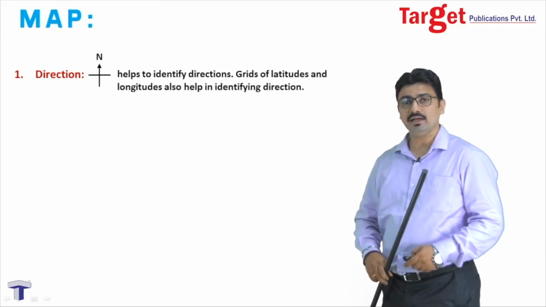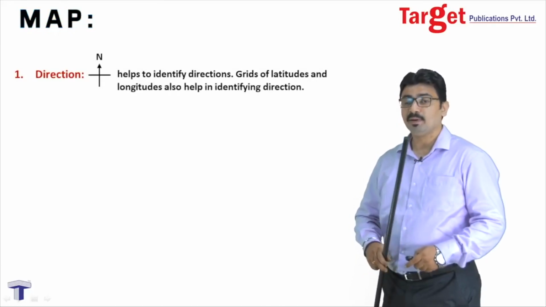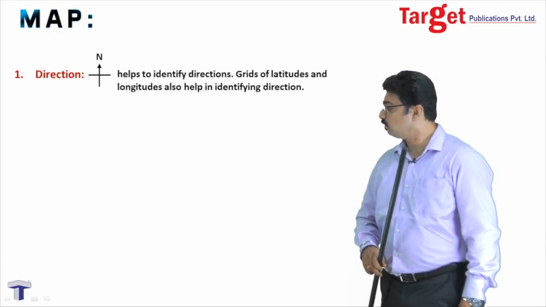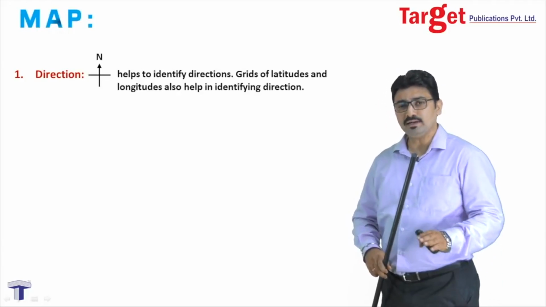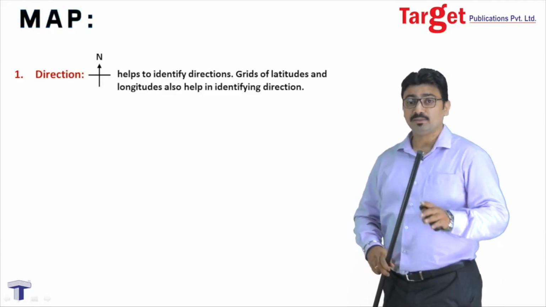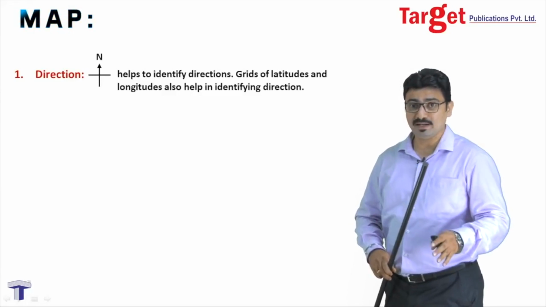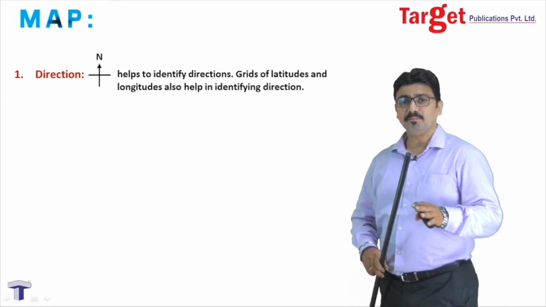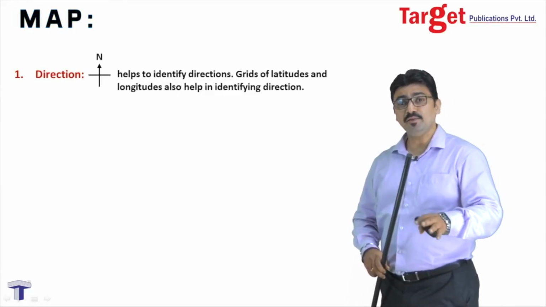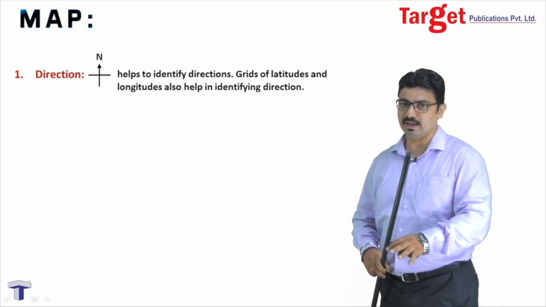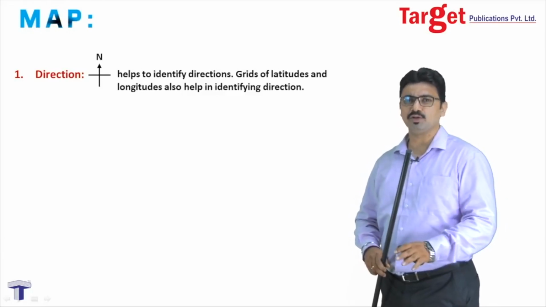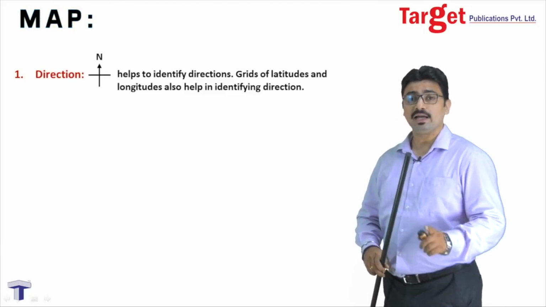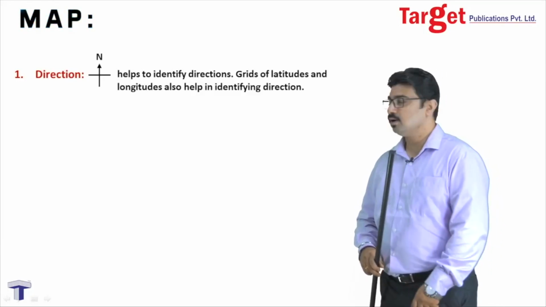Let us see each feature in detail. But before going ahead, let me tell you that there are various types of maps, based on what feature is being displayed, or based on a different method of representing the same feature, and understanding them is extremely important. So let us go ahead.